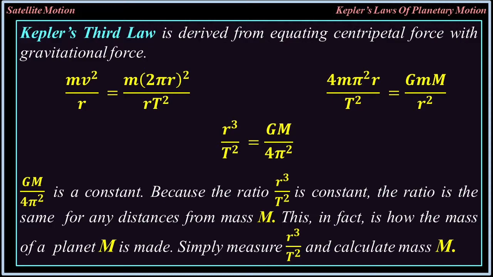And this is a constant, because the ratio r cubed over T squared is a constant. The ratio is the same for any distances from mass M. This, in fact, is how the mass of a planet M is found. Simply measure r cubed over T squared and calculate M.